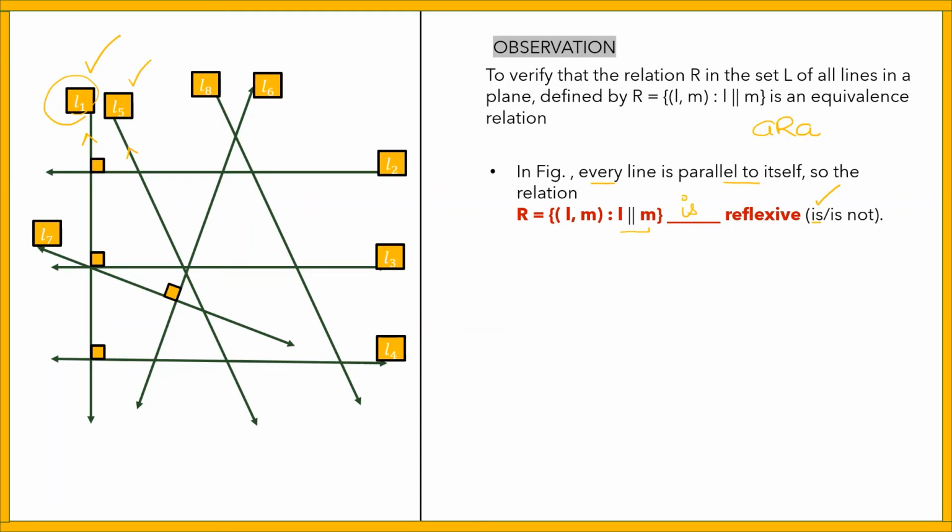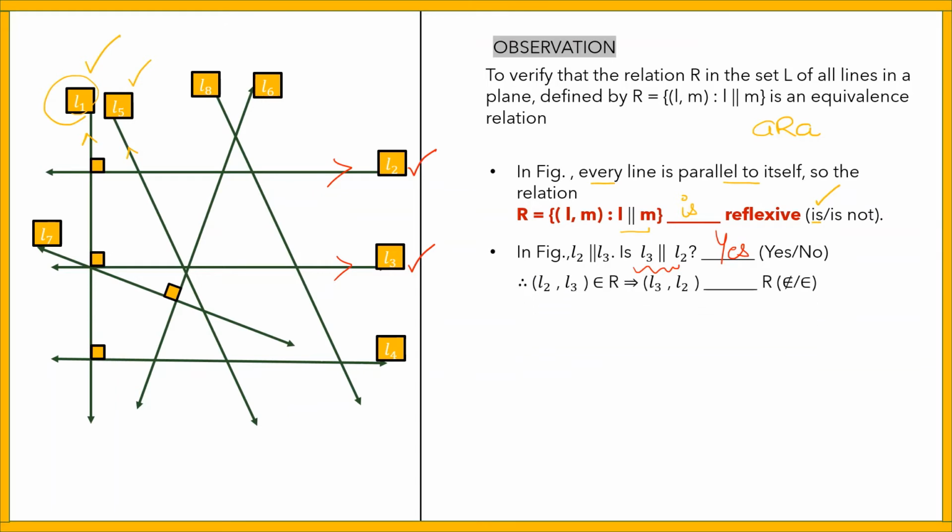Now take an example of L2 and L3. If L2 is parallel to L3, can you say L3 is parallel to L2? Yes, we can say that L3 is also parallel to L2. So L2 is related to L3 means L3 is related to L2.